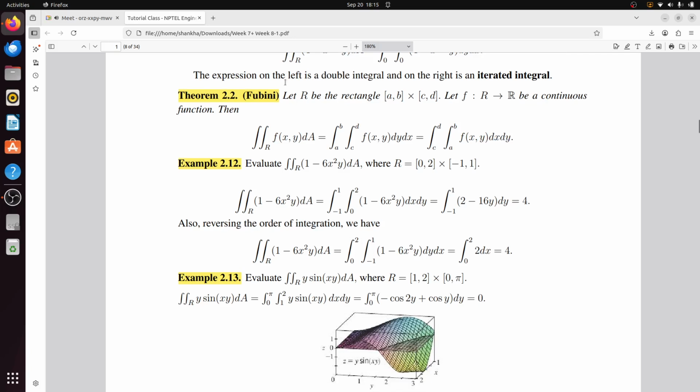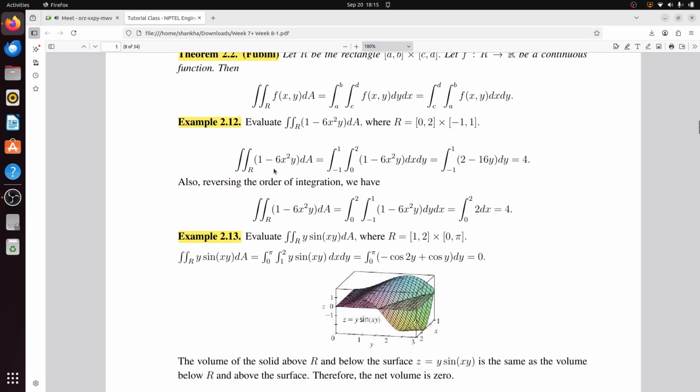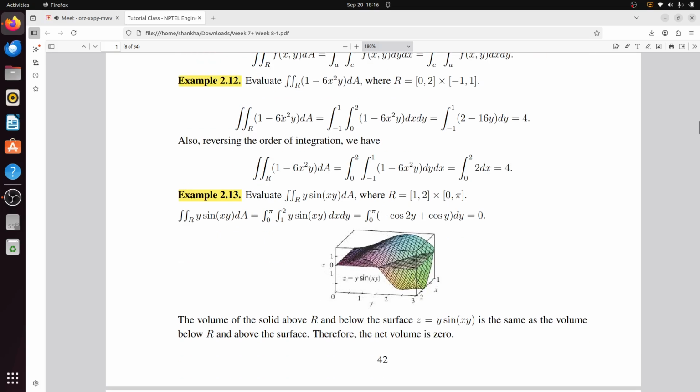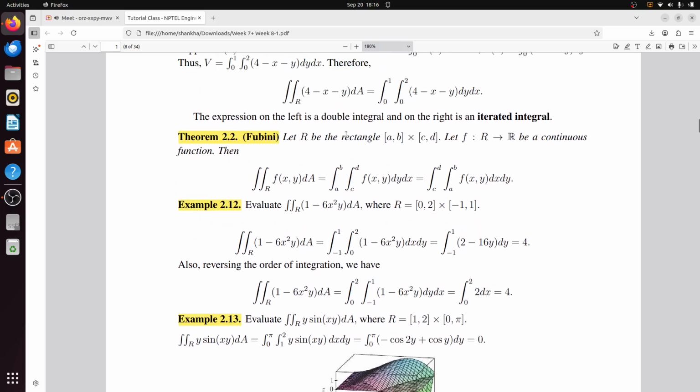Next, there is also a theorem called Fubini's theorem. So what does Fubini's theorem mean? Fubini's theorem means that if you have a rectangle R equal to a to b cross c to d, and f is a mapping from R to the set of real numbers, a continuous function, then the double integration over R of f(x,y) dA is the integral a to b, c to d of f(x,y) dy dx, which equals the integral c to d, a to b of f(x,y) dx dy.